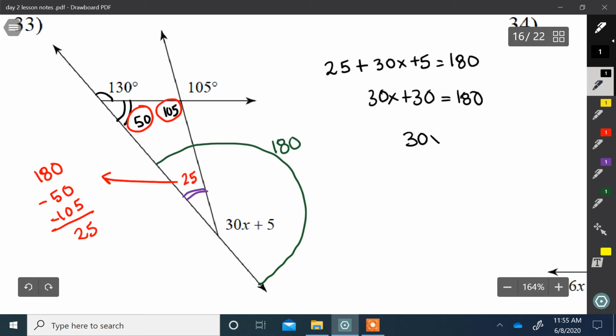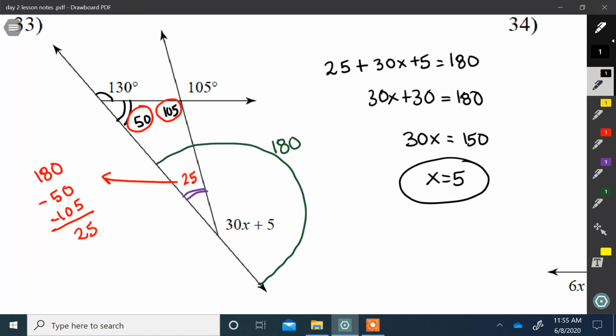Subtract 30 from both sides. We get 115. X is equal to 5. Okay, so these are what we call multi-step problems because we have to use a lot of steps in order to get to that final solution.